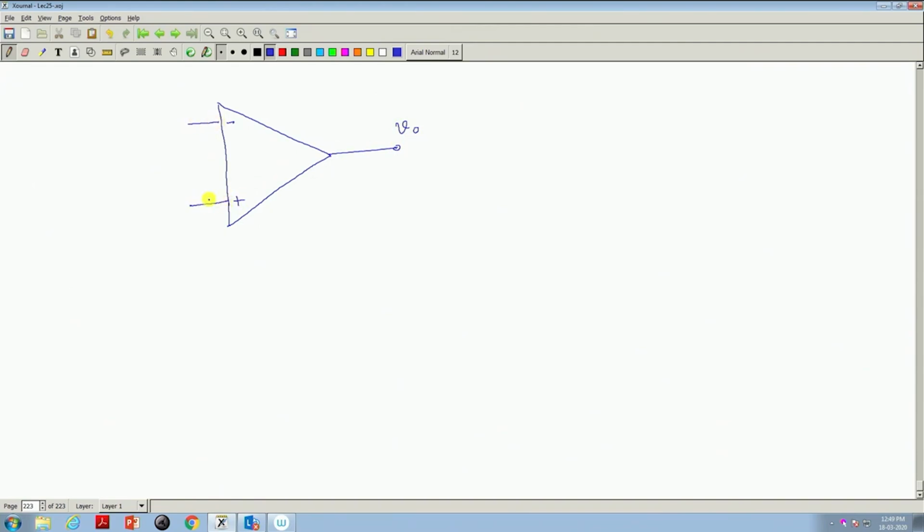Suppose you make this point grounded, and here you have applied a voltage V, and suppose this applied voltage is a sinusoidal voltage. That is the V2 signal. What is V1? V1 is equal to 0, because with respect to ground all the potentials will be measured. So, this is V2, this is, mind you, time.